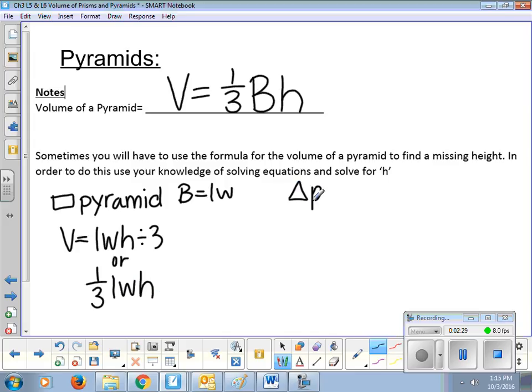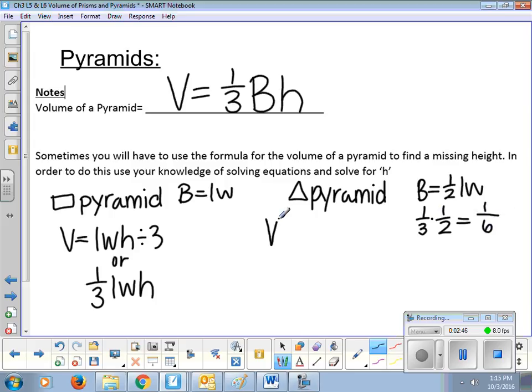If you have a triangle base to your pyramid, your area of the base is 1/2 length times width. So if you have 1/2 and 1/3 and you multiply those together, 1 times 1 is 1, 3 times 2 is 6. You get the volume formula of length times width times height divided by 6, or 1/6 length times width times height.